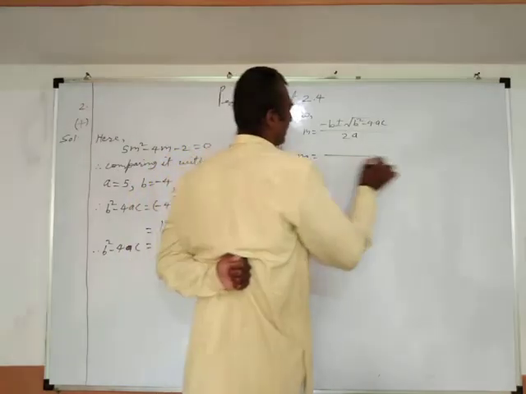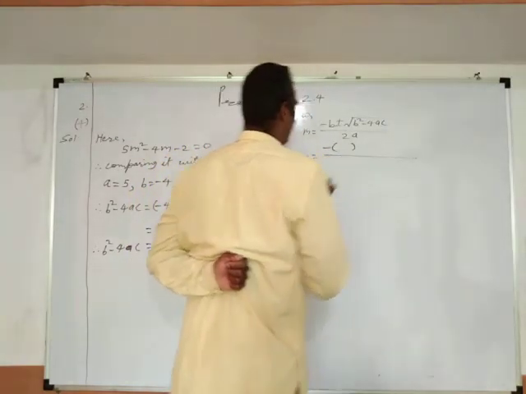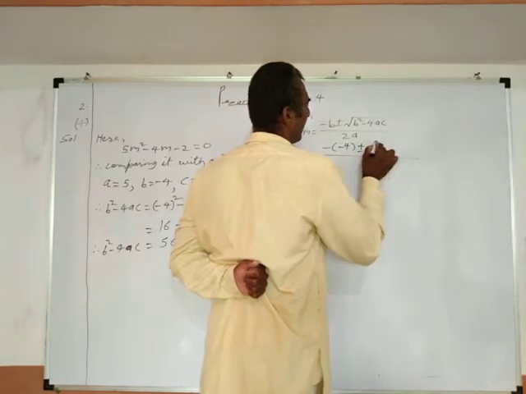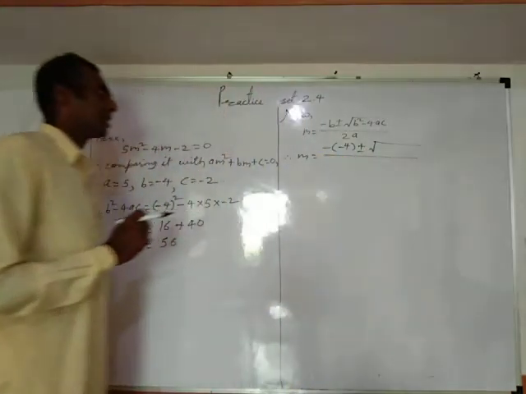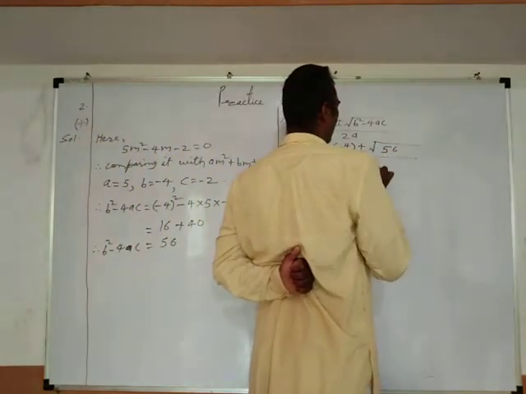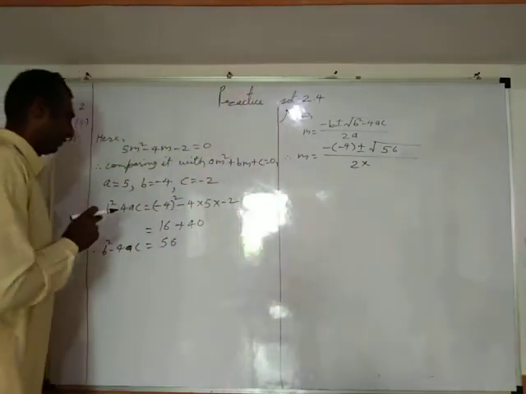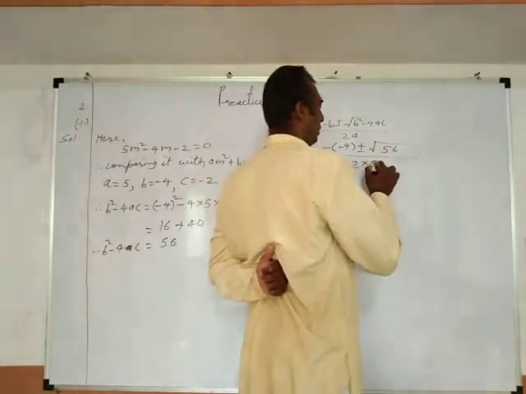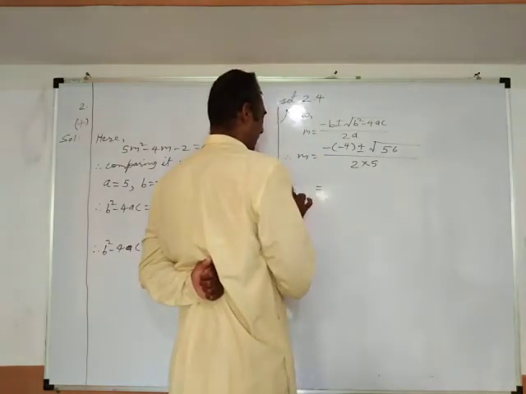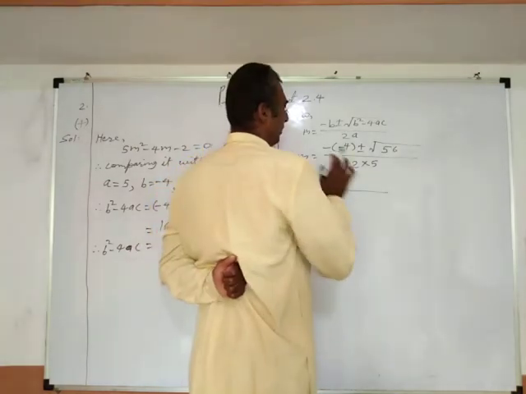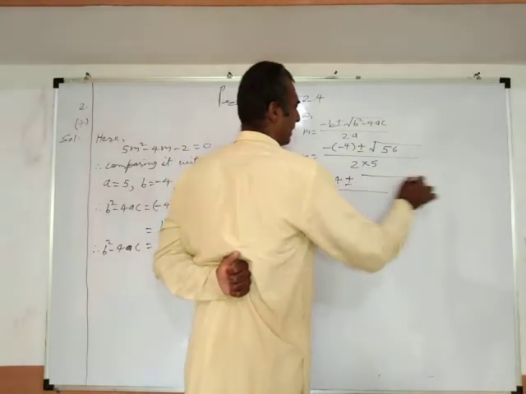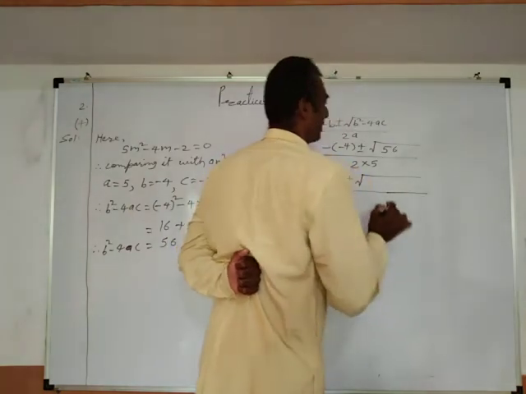Therefore, m equals minus in bracket value of b, which is minus 4, plus or minus under root b square minus 4ac, it is 56 in this case, upon 2 into a, and value of a is 5, that's why 2 into 5. Therefore m equals, minus into minus gives us plus, that's why it will be 4 plus or minus root of 56.